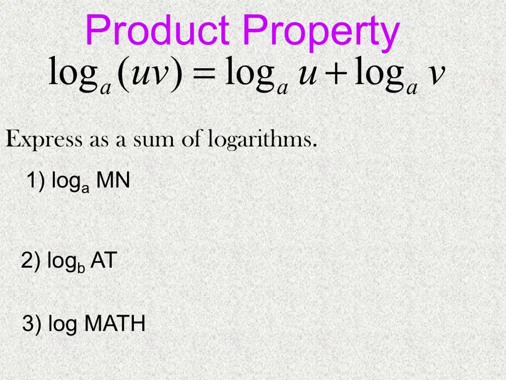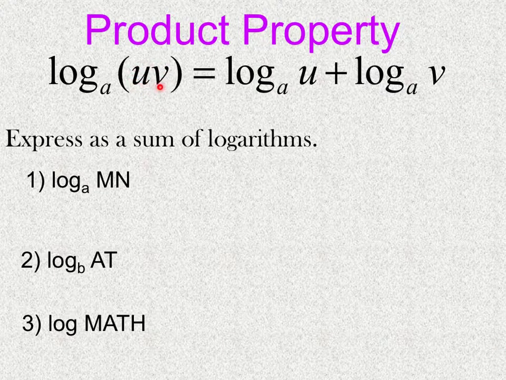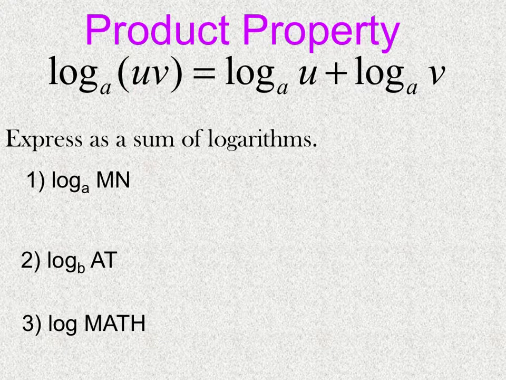Okay, so let's apply the product property. Because we know that if the argument can be divided into two factors, we can add the logs of those factors and still have the same expression. We can change the following expressions into a sum of logs.